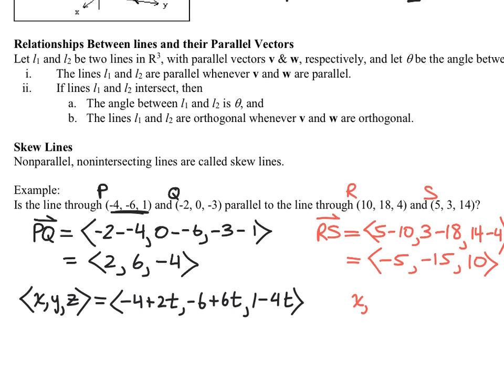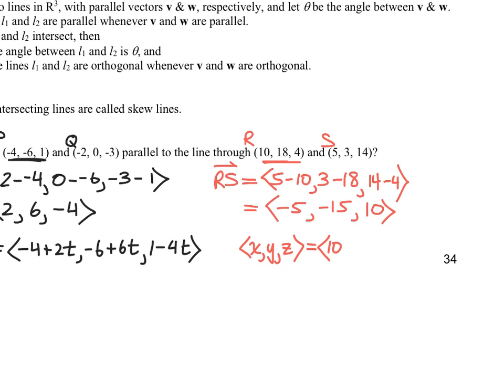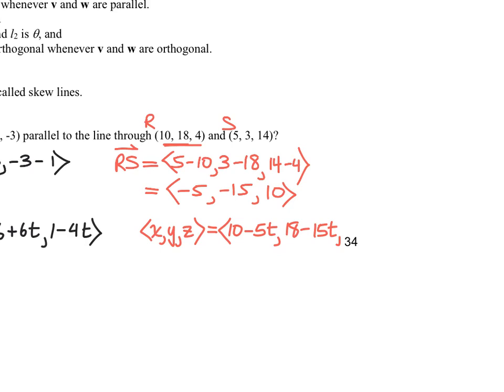So the other x, y, z we'd write, because here's my start, 10 minus 5t, 18 minus 15t, and then the last one is 4 plus 10t.